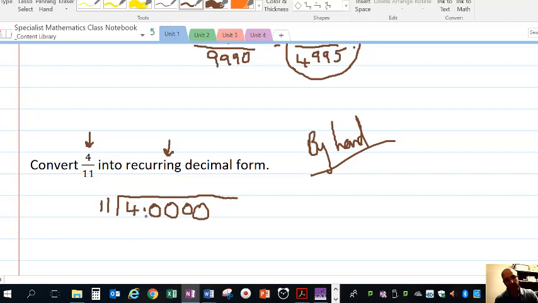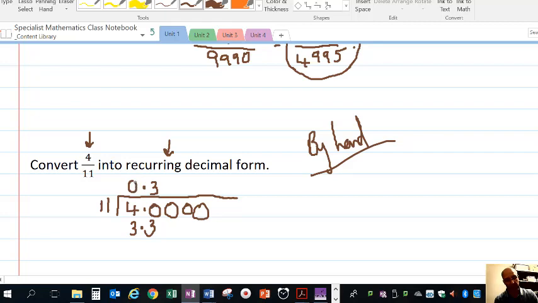So, treating 4.0 a bit like 40, if we had to fit 11 into 40, we'd say we can do it 3 times, so we can do this 0.3 times, because instead of 33, 3 times 11, we've got 3.3.